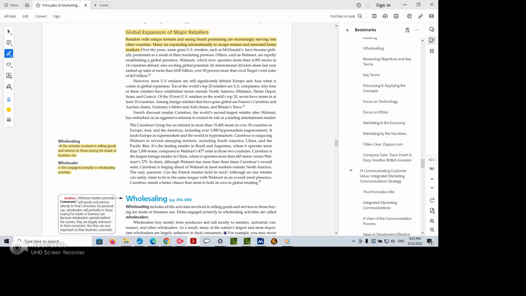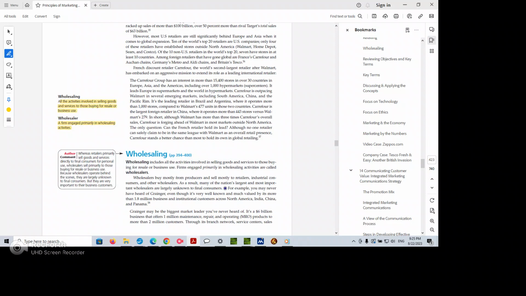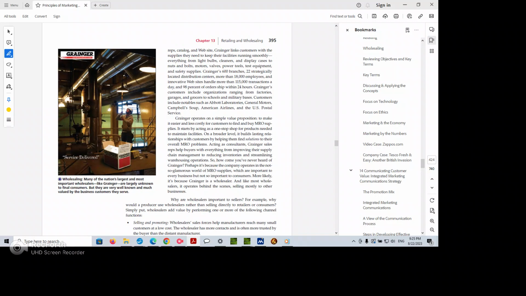Now, a wholesaler is a firm engaged in wholesaling activities, that is, activities involving selling goods and services to those buying for resale or for business use. Now, some of this stuff is pretty straightforward, but Grainger has a way that it uses its supply system to fit the needs and demands of people in a more efficient way.